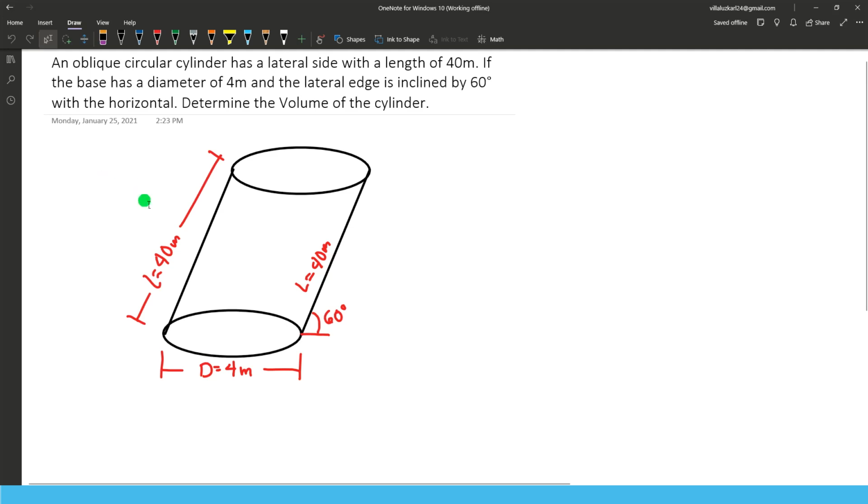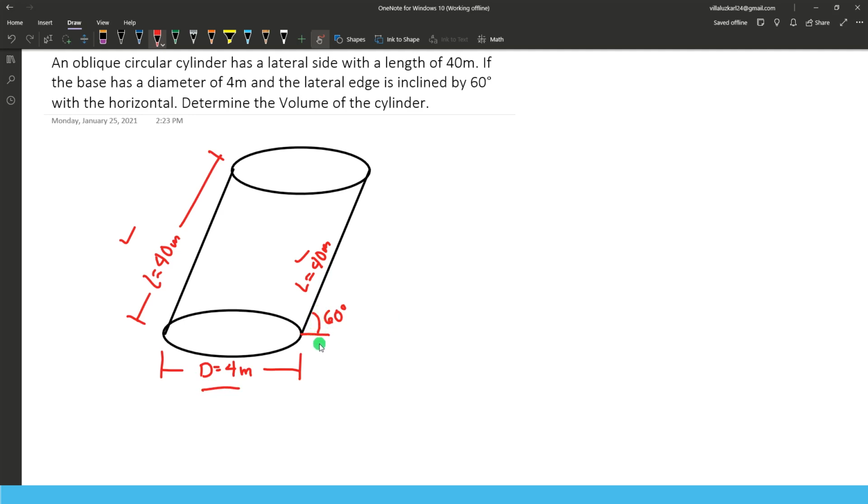Okay, so here's the figure for this problem. We have a circular cylinder with a lateral side with a length of 40 meters. The base has a diameter of 4 meters, and this is the angle of inclination of the lateral edge, 60 degrees with respect to the horizontal.